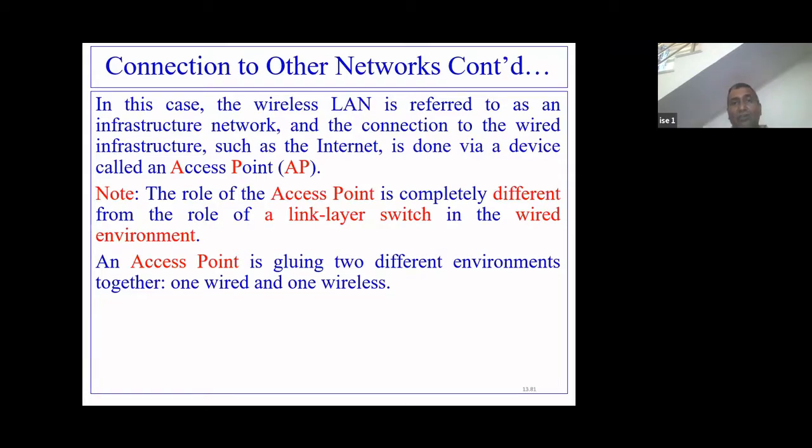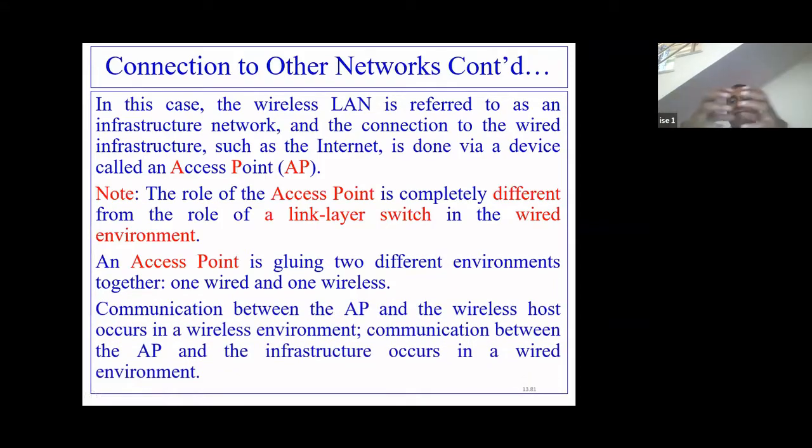If you want to connect a wireless LAN with a wired LAN, the access point acts as a gluing mechanism, simply joining a wired LAN with a wireless LAN, a gelling factor kind of thing. The communication between the access point and the wireless host occurs in a wireless environment, and communication between the access point and the wired infrastructure network occurs through this.